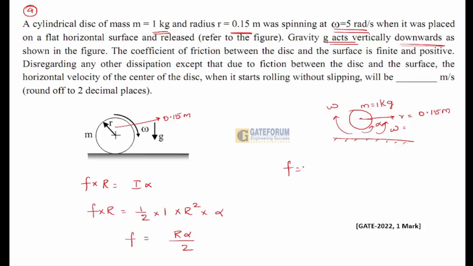Now we all know F is equal to MA. A is equal to R alpha by 2. I am taking this just after hitting the ground. From here, I'll write final velocity is equal to initial plus acceleration into t. Vf is equal to V naught plus At. V naught is initially 0.